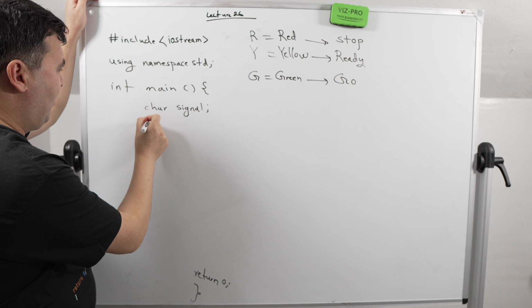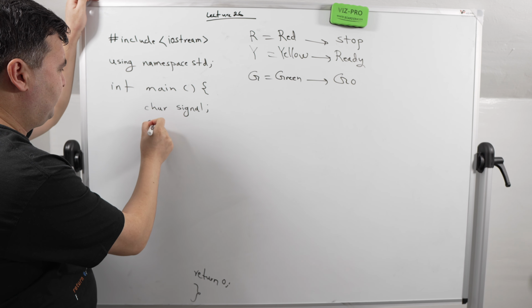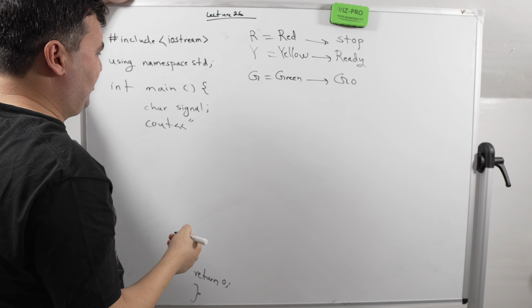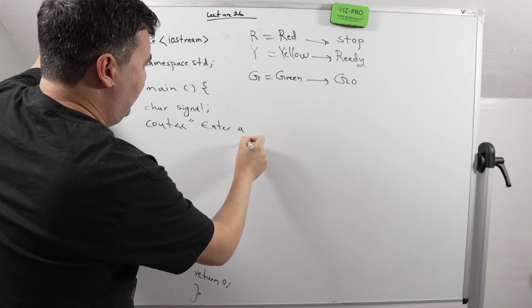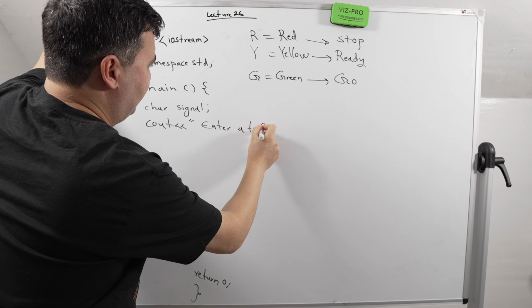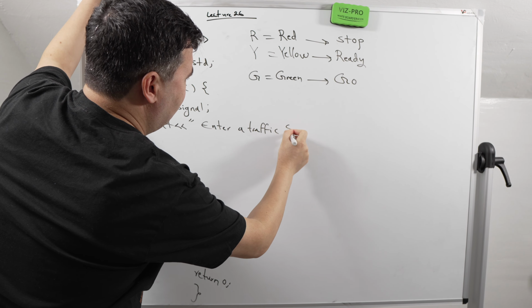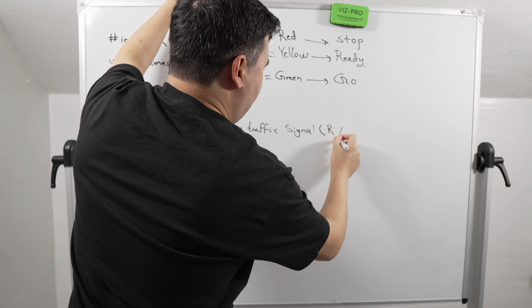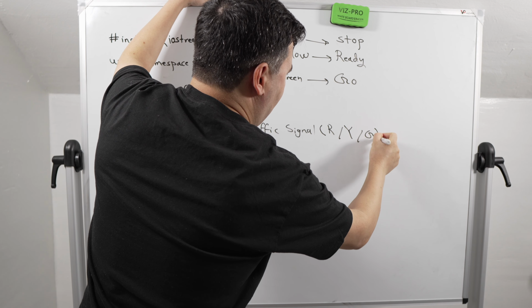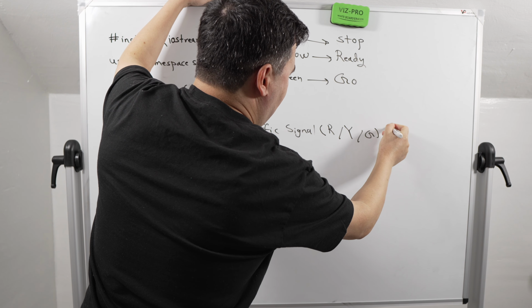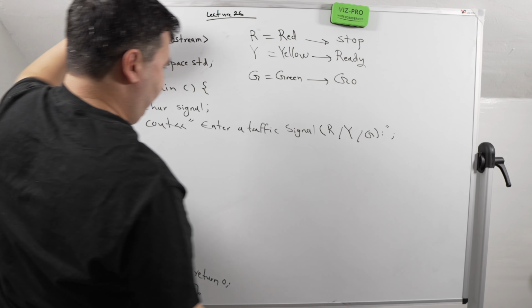Now I write cout and ask the user to enter a signal: Enter a traffic signal, and inside parentheses I write R/Y/G, where G means green, in quotation marks and a semicolon.